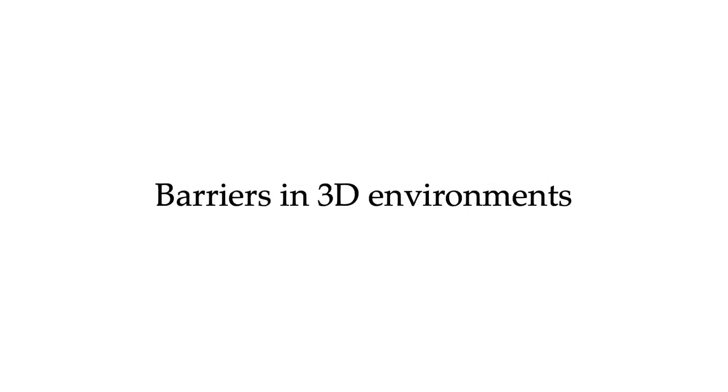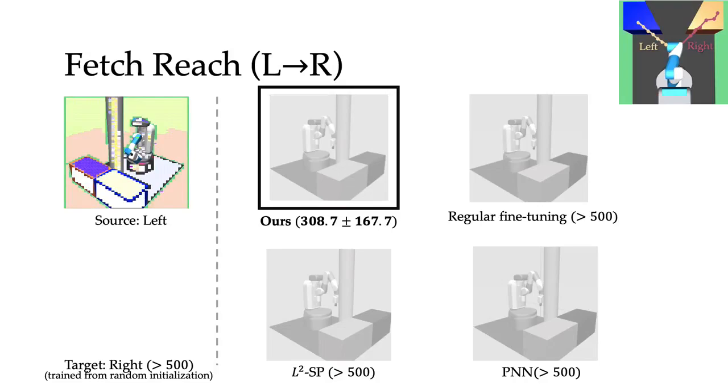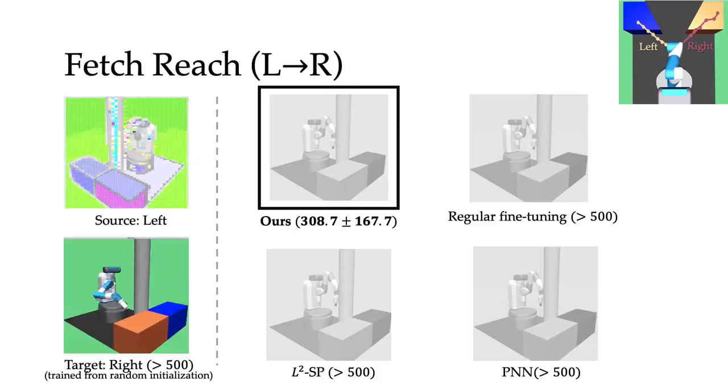As our next evaluation, we will study how barriers in the 3D space can affect things. Here, there are 2 tables, orange and blue, with a pillar in front. In the source task, the fetch robot needs to reach left to the blue table. And in the target, we want fetch to learn how to reach right without hitting the pillar, which is the barrier.